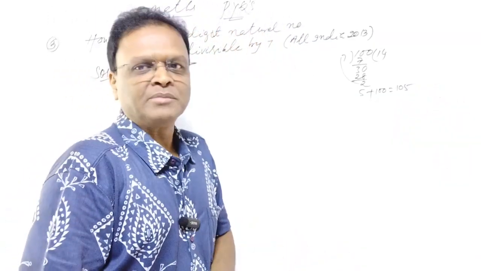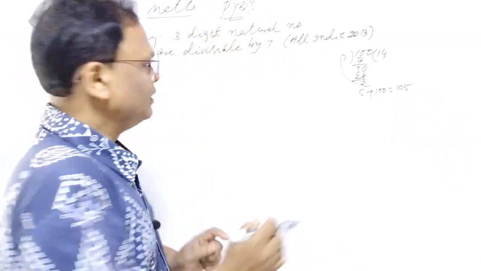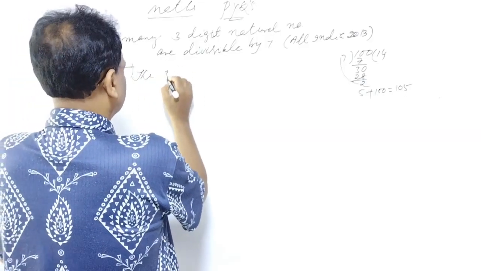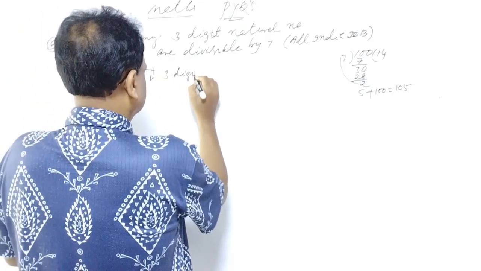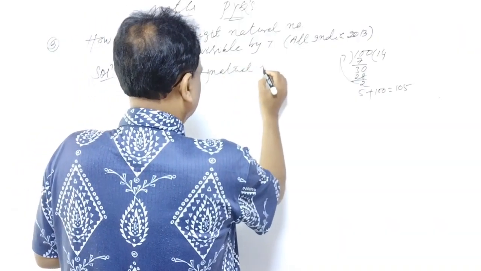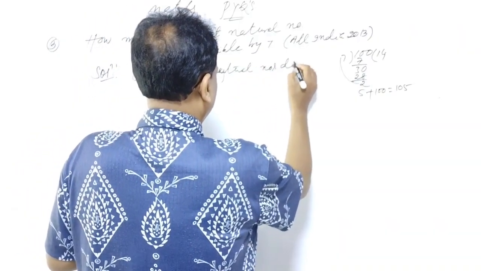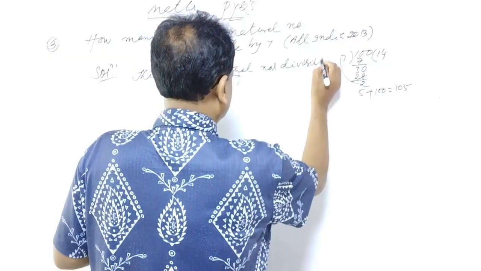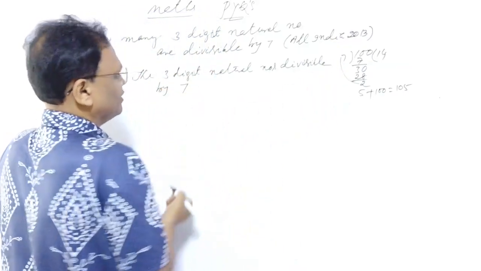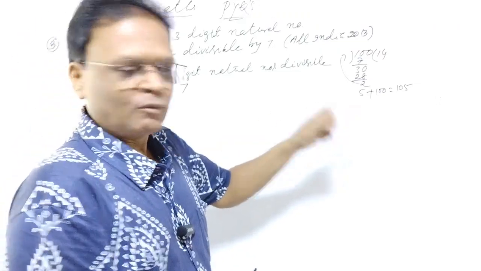The first 3-digit number is 105. So for the 3-digit natural numbers divisible by 7, the first number is 105.